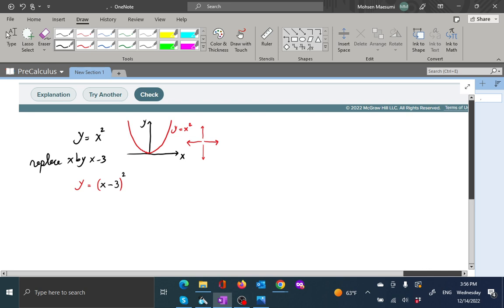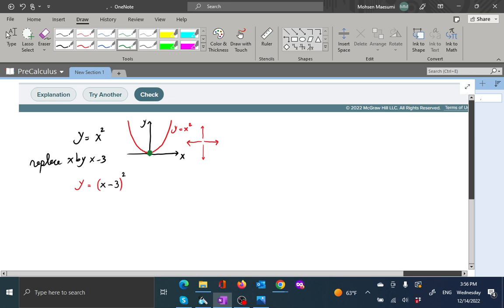So one way to see what happens to the graph of this function is to track particular points of it. One special point in this graph is the tip of it, the tip of the parabola. Where is that tip in my new picture? Well, to get the lowest point, I need to set x equal to 3, and in that case I get y equal to 0.